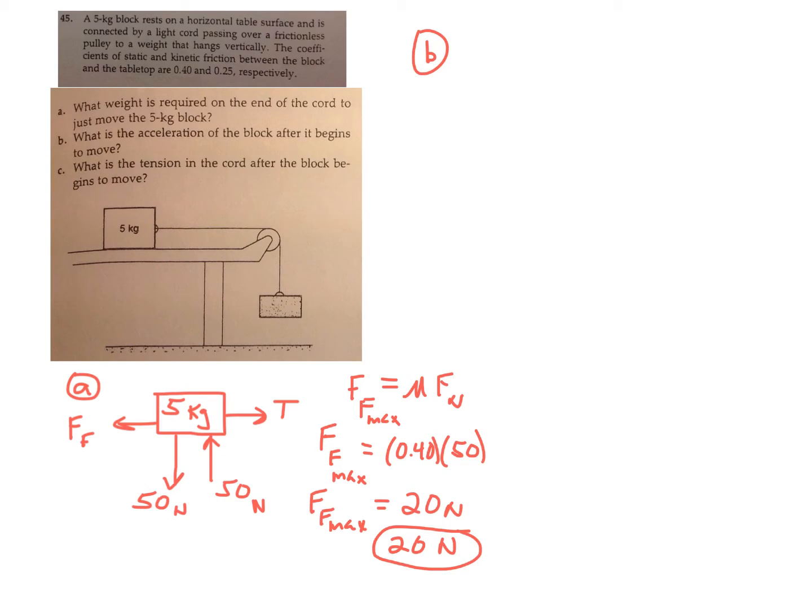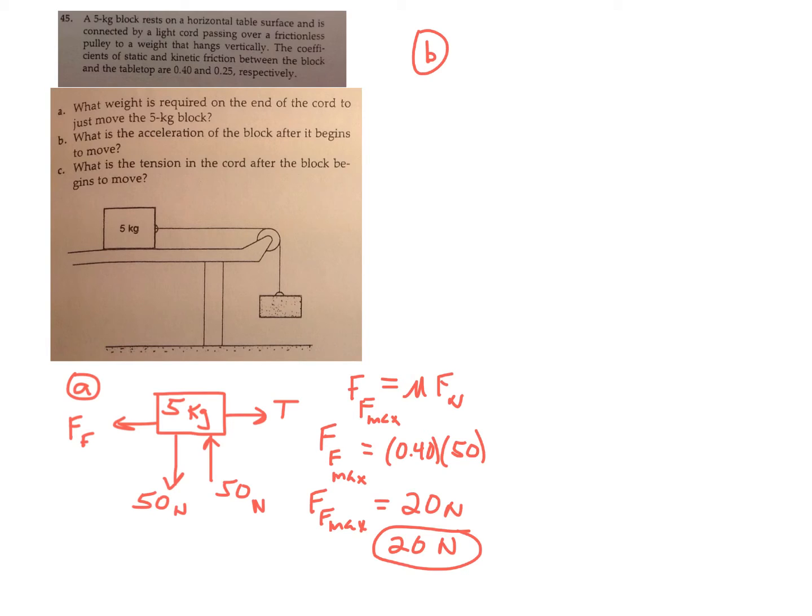When it's stationary, the tension in that rope is equal to the weight. When everything's sitting at rest, say the hanging weight was 19 newtons, the tension in the rope would be 19, the weight would be 19, so everything's at rest for both objects.